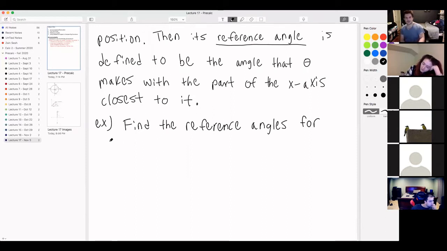So find the reference angles for pi over 3, 135 degrees, 225 degrees, and negative pi over 6. So just notice I'm doing a nice healthy mix of radians and degrees, just so we're getting comfortable with both units.